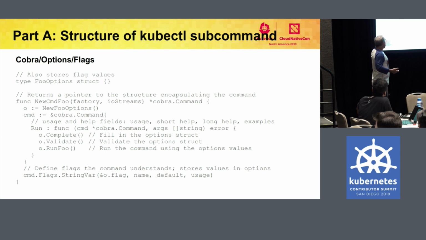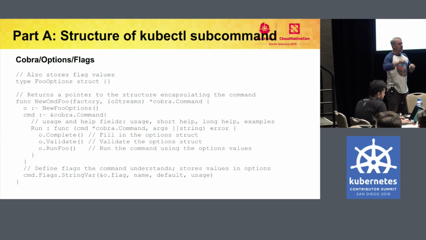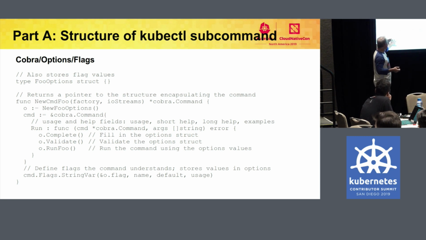Underneath that is where we define flags and connect them to this Cobra command. For this one, I've only shown one flag, and you can see that it's part of the Cobra command, this flag structure.